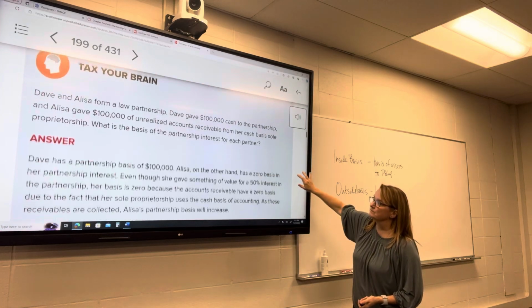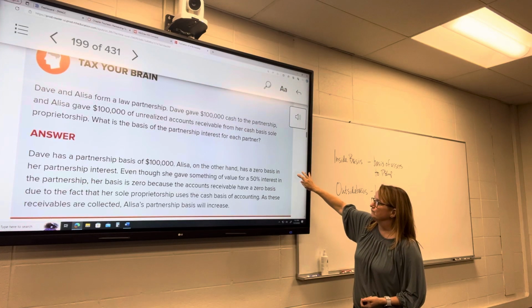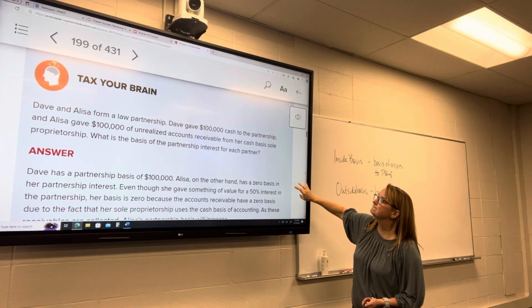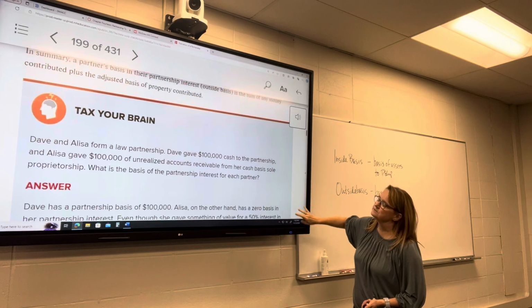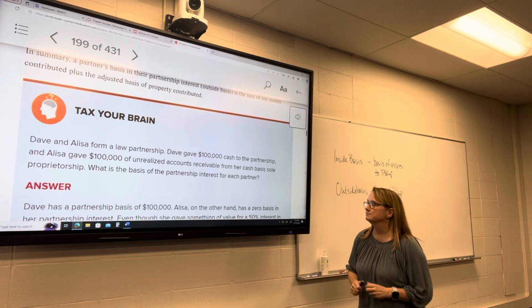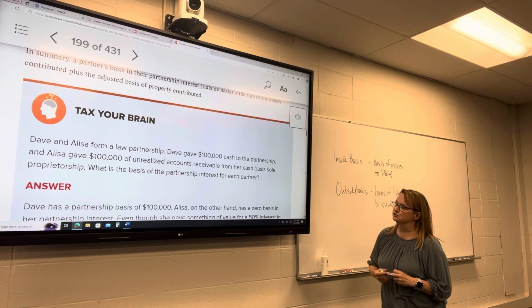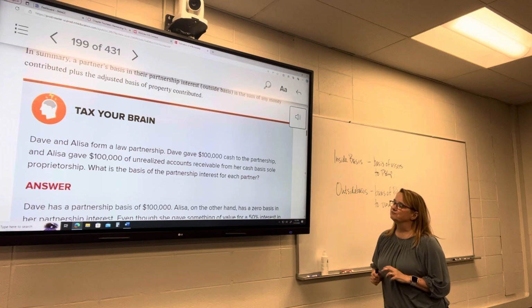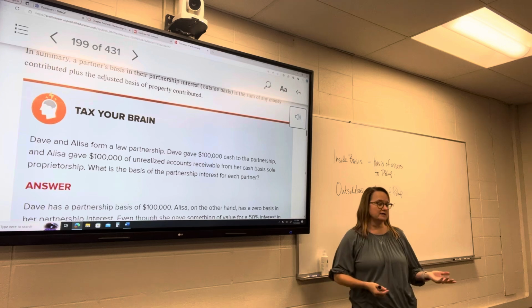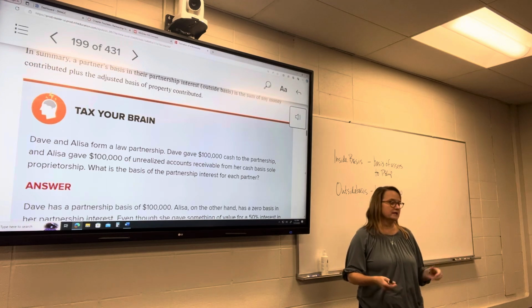Now, what is this? Well, we'll look at this example. So Dave and Alyssa form a law partnership. Dave gave $100,000 cash to the partnership. Alyssa gave $100,000 of unrealized accounts receivable from her cash basis sole proprietorship. So obviously, Dave had a sole proprietorship, he was an attorney.